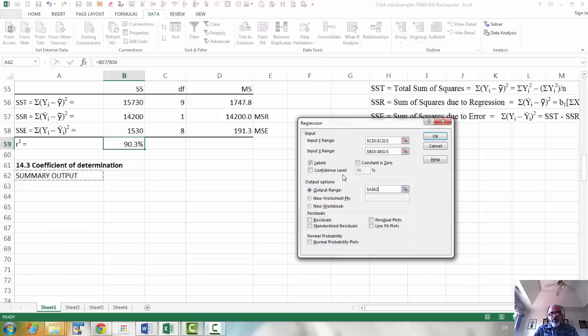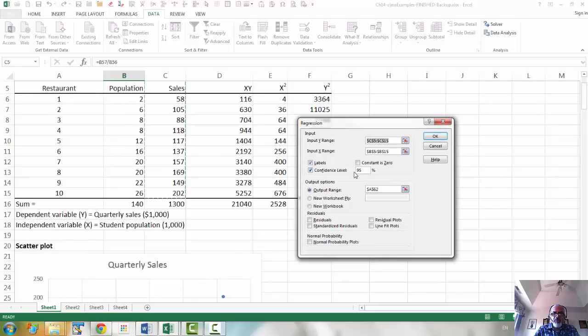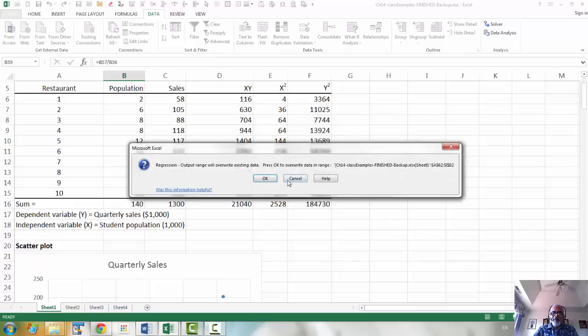But if you want a different confidence level, then you can put a check mark here and then enter whatever you want, like 98% or whatever that other may be. You need to note here that 95% is automatically generated no matter what, and in addition to that, you'll get this different confidence level information as well. Okay, now let's click OK.